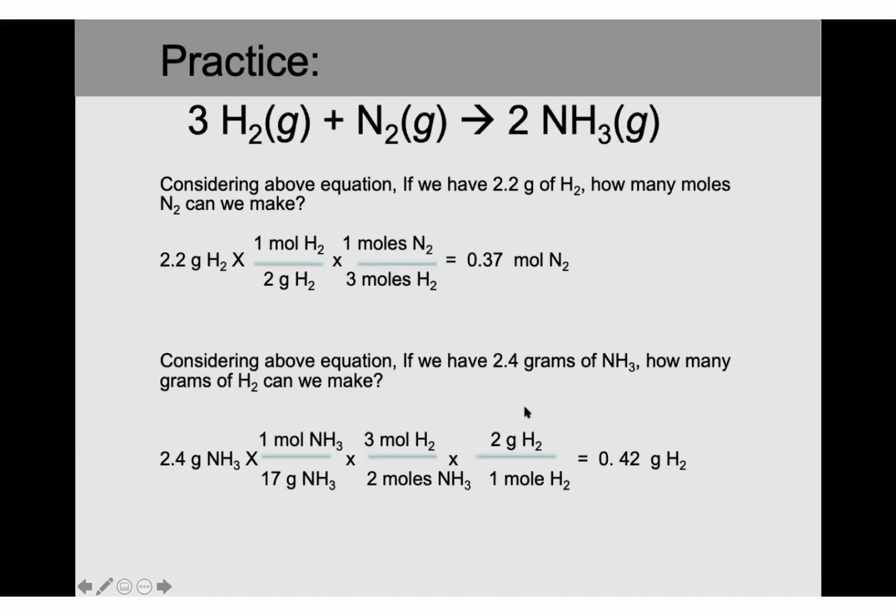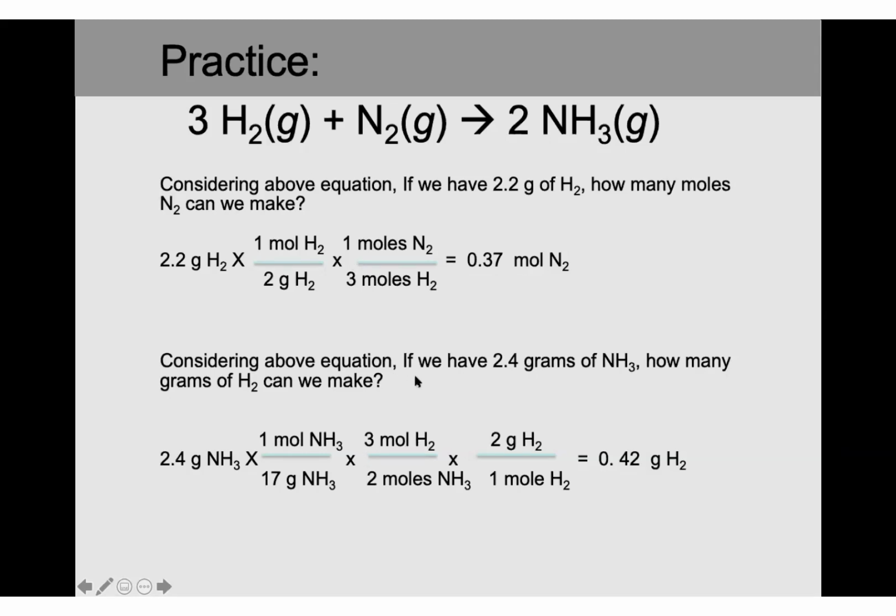Okay, guys, for the next question, if we have 2.4 gram of NH3, how many gram of H2 can we make? So we always start with a given number. We convert to mole first. Then we use the coefficient, which is 2 mole of NH3 to 3 mole of H2.